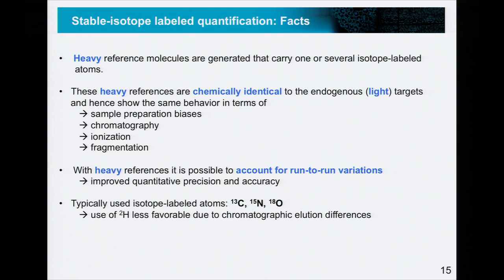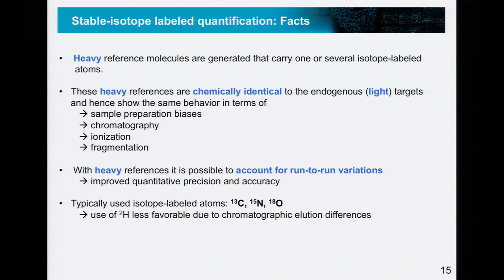So any variation that happens in these steps, you can account for in the moment when you have a heavy reference molecule present in your sample. And this is why you can measure more precise and more accurate with isotope-labeled references. And the atoms that are typically used in isotope-labeled proteomics are 13C, 15N, or 18O atoms.